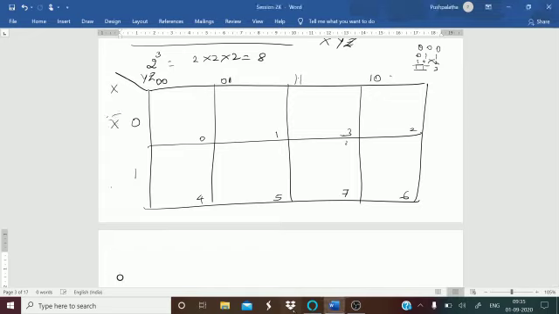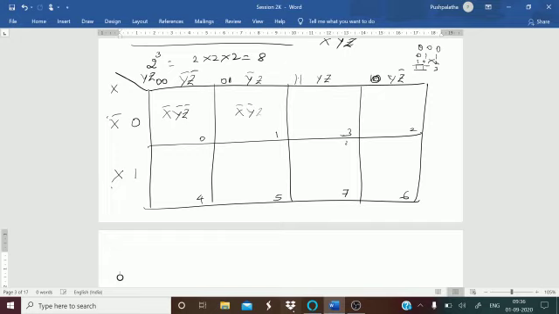So this will be x bar and this will be x. And so what is this now? Y bar z bar, y bar z, y z, y z bar. Because zeros you are representing with a bar. So what happens here? This is x bar y bar z bar.